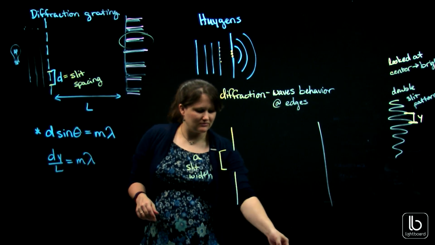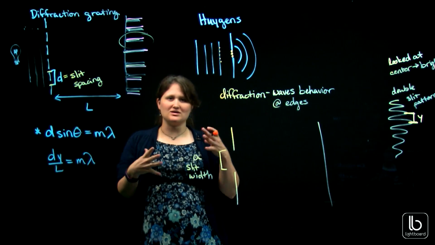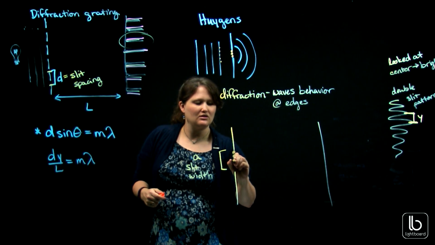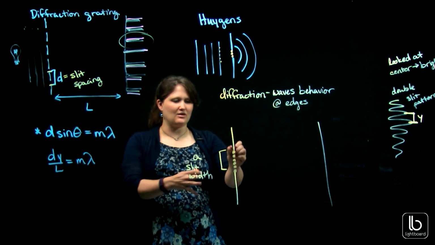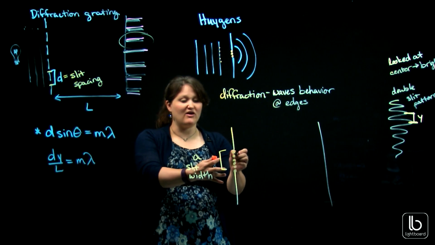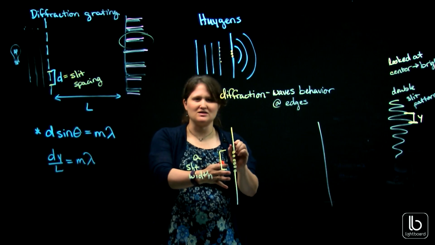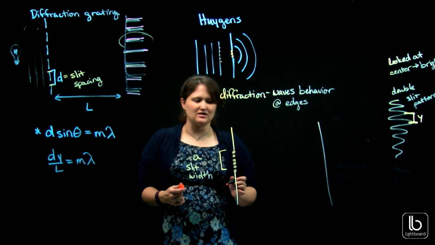Now, the reason we're interested in Huygens principle is because it means we have a whole bunch of point sources. We can treat the light coming in as an infinite number of point sources within the slit.